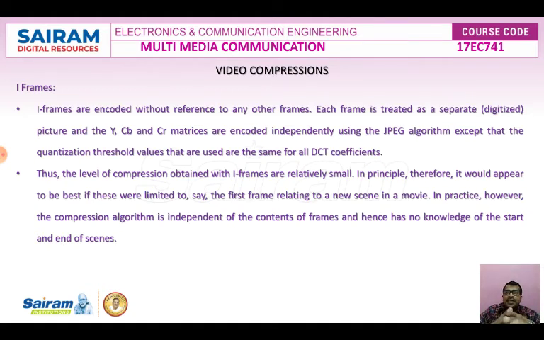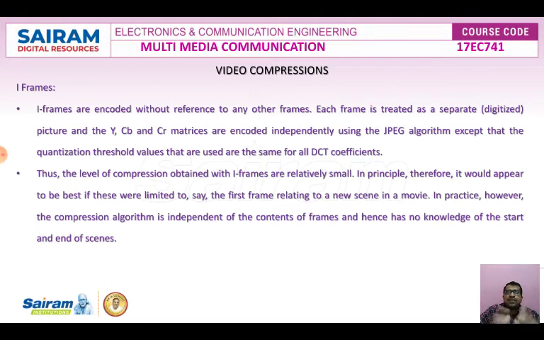I-frames are encoded without reference to any other frame. Each frame is treated as a separate digitized picture, and the Y, CB and CR matrices are encoded independently using the JPEG algorithm. Quantization thresholds are used for the discrete cosine transform coefficients. The level of compression obtained with I-frames is relatively small, so it would appear best if they are limited.